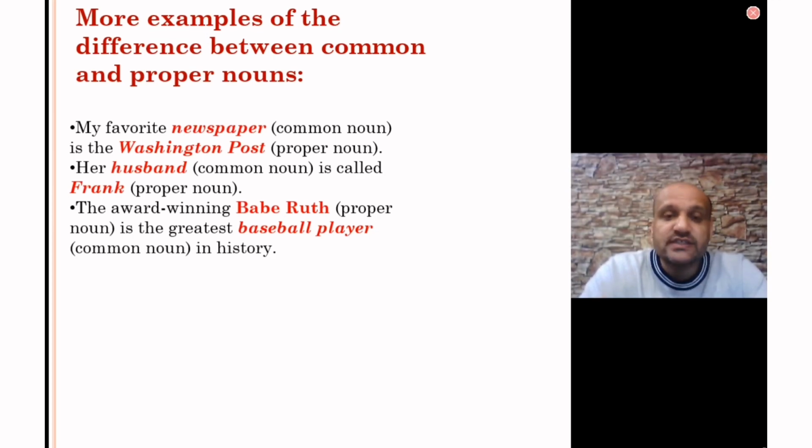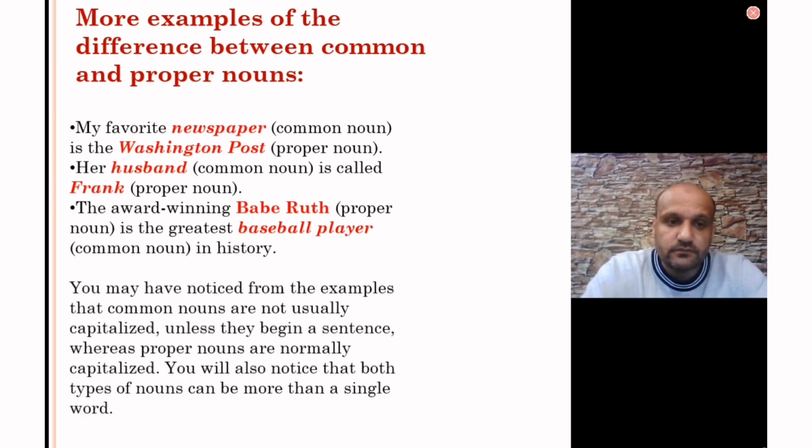So this is a general word, but Babe Ruth is a proper noun, a specific person. You may have noticed from the examples that common nouns are not usually capitalized unless they begin a sentence, whereas proper nouns are normally capitalized. You will also notice that both types of nouns can be more than a single word.